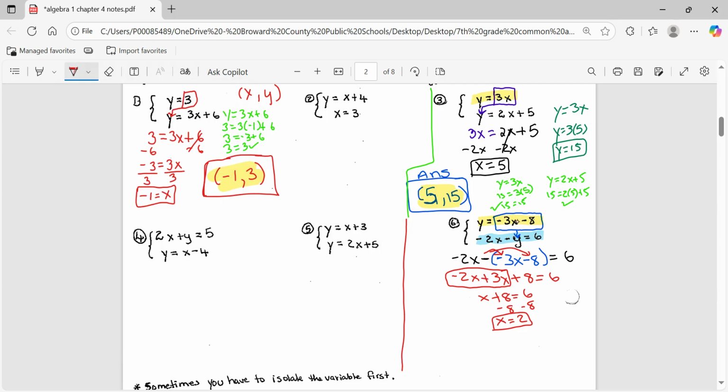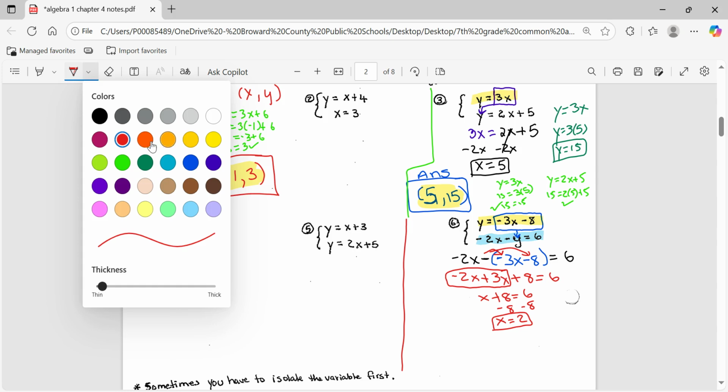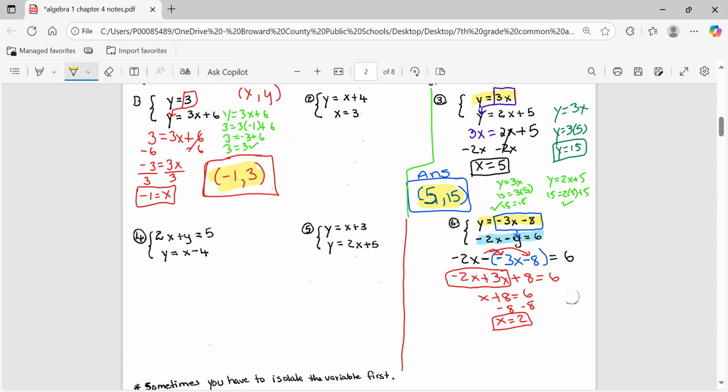So because the yellow equation, the first equation, is shorter and y is already by itself, I choose to use the yellow one. Y is equal to negative 3x minus 8. X I just found out was 2. So y is equal to negative 3 times 2.